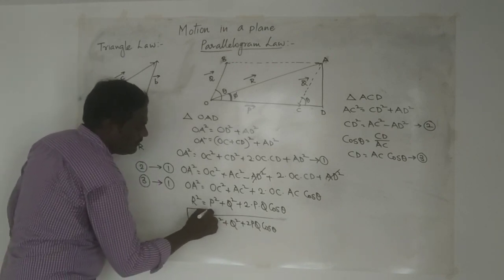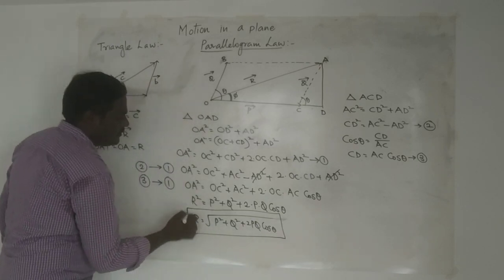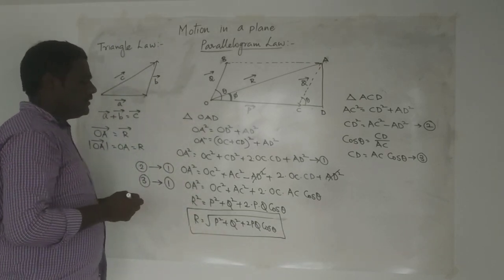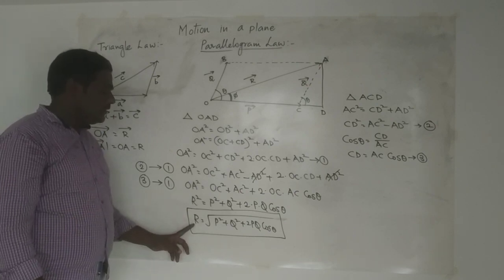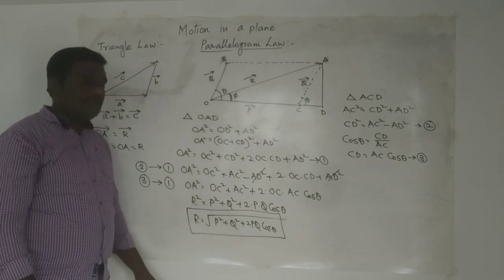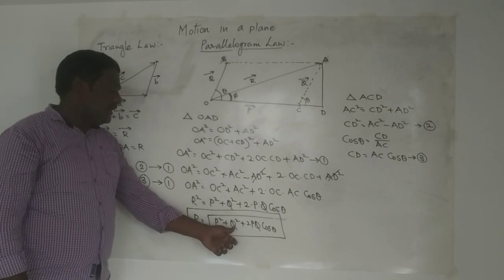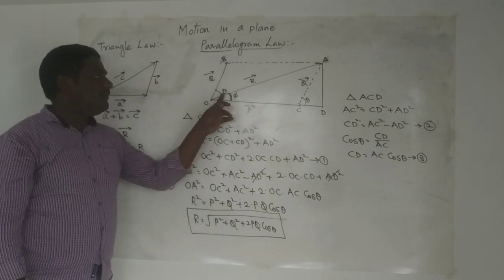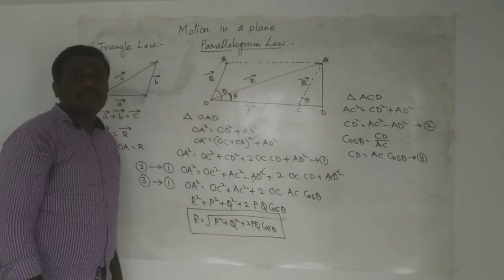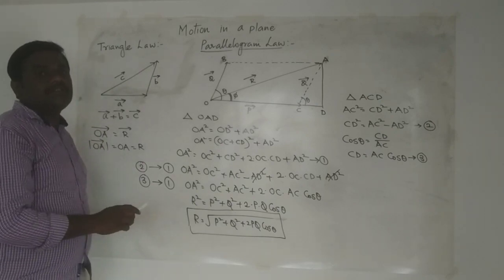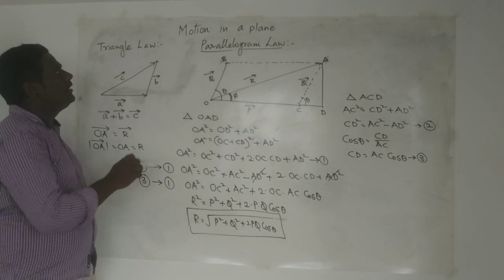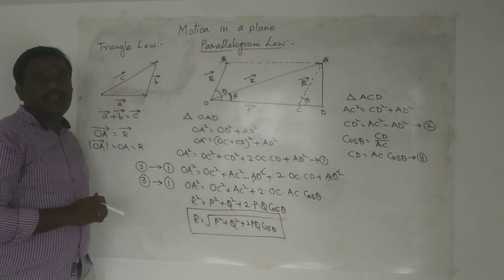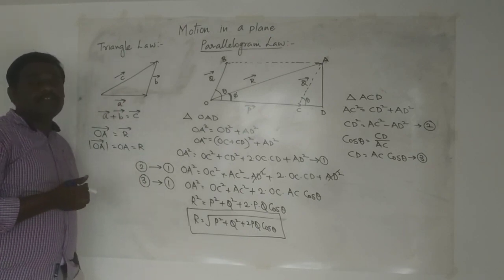Now this formula gives the magnitude of the resultant vector of P bar and Q bar in terms of P and Q and the angle between them. That angle is mentioned here. So this is a sophisticated thing which you get from the parallelogram law when you compare it with the triangle law.